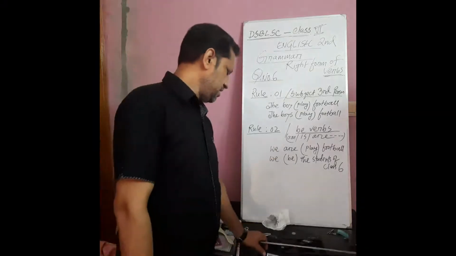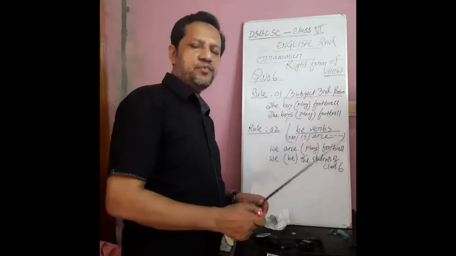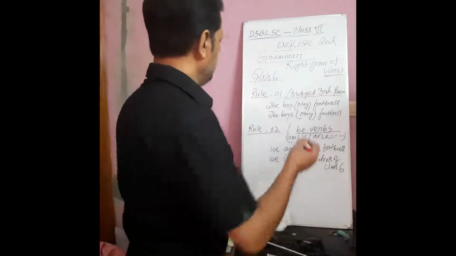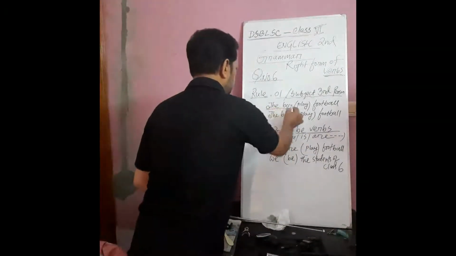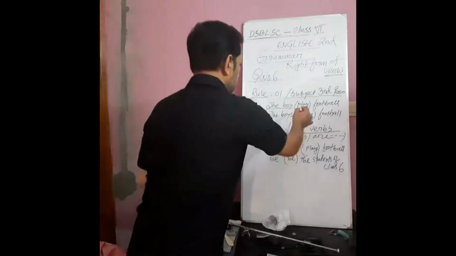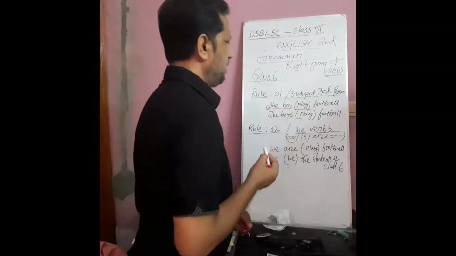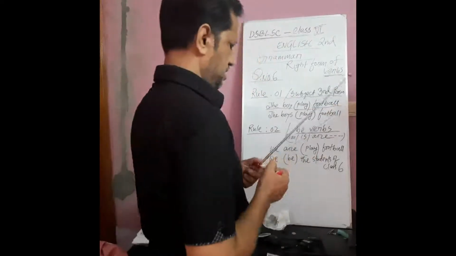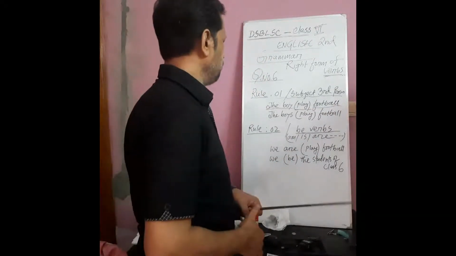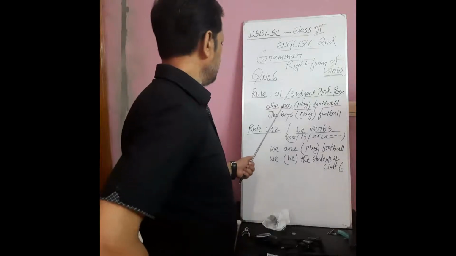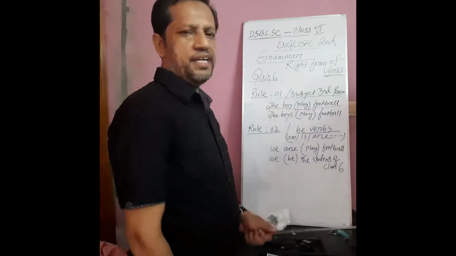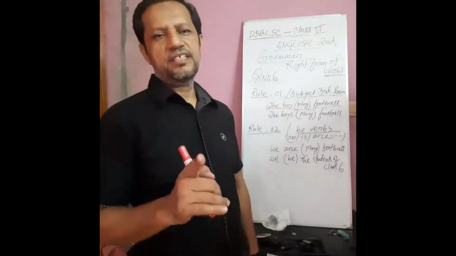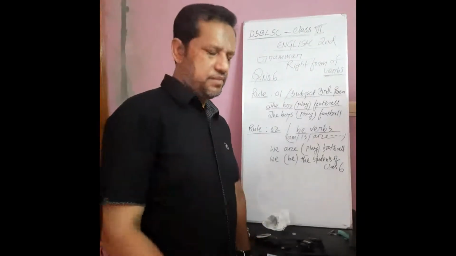Here this is a sentence, and you can see the subject the boy, verb play, and there are object or any other words. Here the subject is the boy, which is third person singular number.